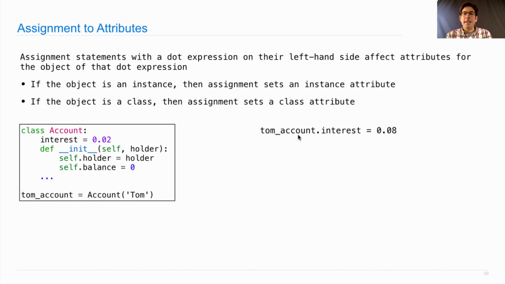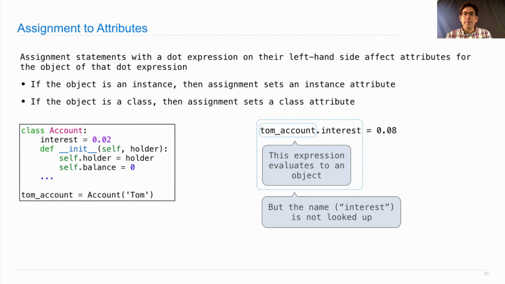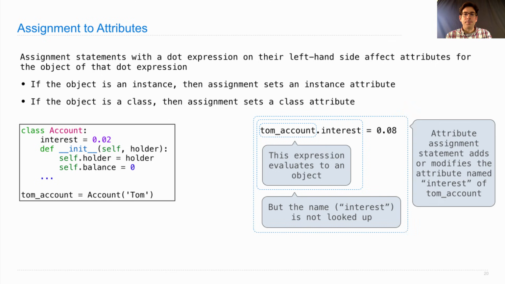If I say TomAccount.interest equals 0.08, that's setting an instance attribute because the object of the dot expression is an instance. So this expression evaluates to an object. This whole thing doesn't look up interest on that object and go find it in the class. Instead, we just directly assign to the attribute of the object that's here.